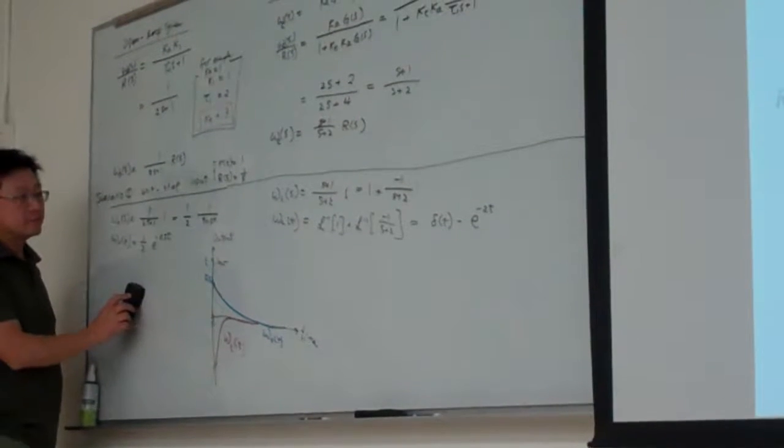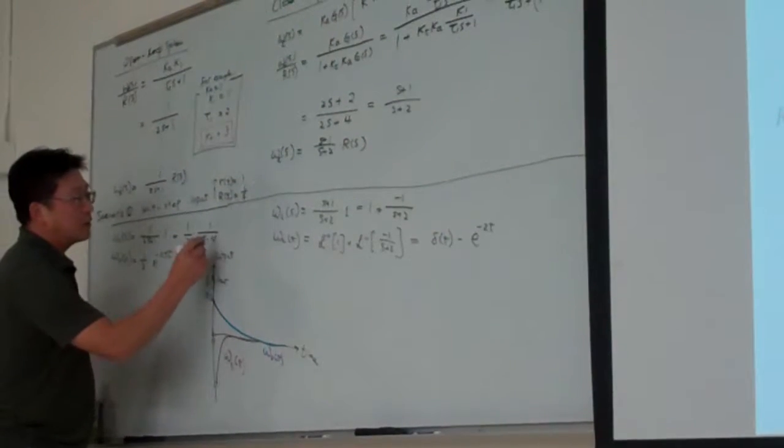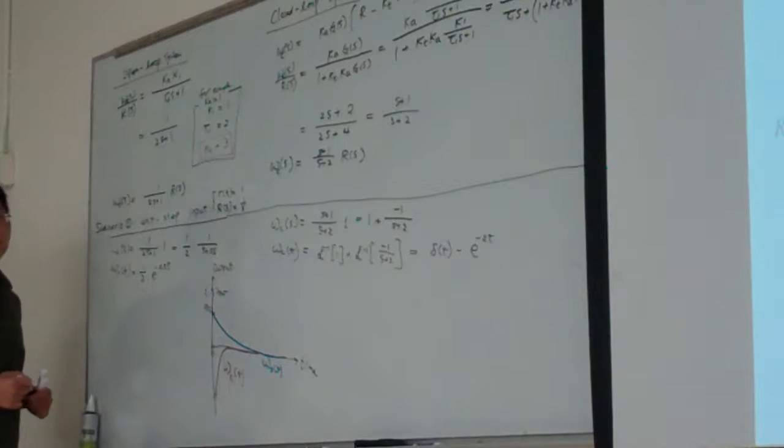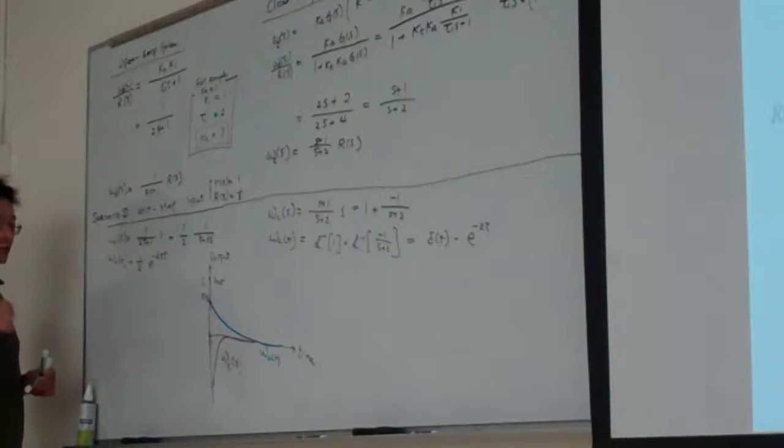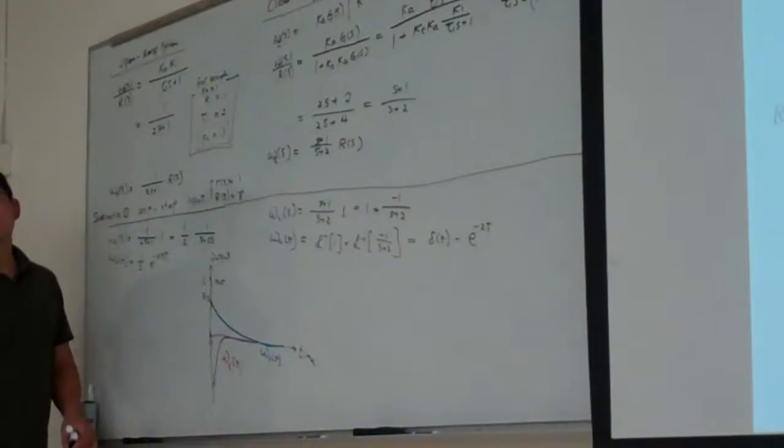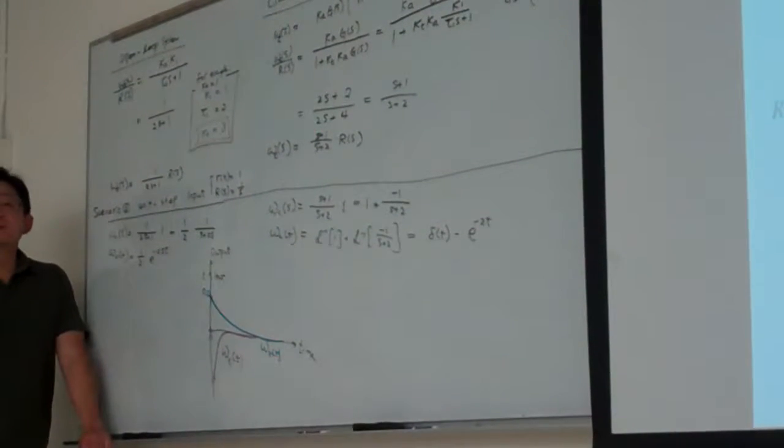So how can the input be negative? Yeah, the unit impulse. Unit impulse is just, if you like, you can have a negative unit impulse.